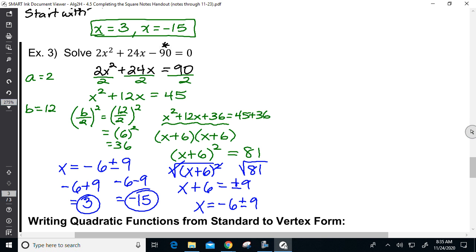Remember, when you're taking a quiz or a test, you can ask for clarification. I just can't tell you how to solve the problem. You can ask, what does it mean by find the sum? If you don't know that sum means adding, then I can tell you that it means add the answers up.